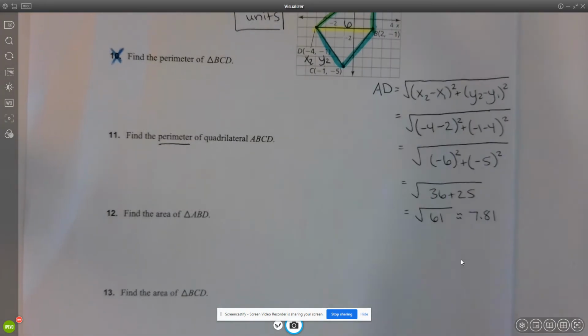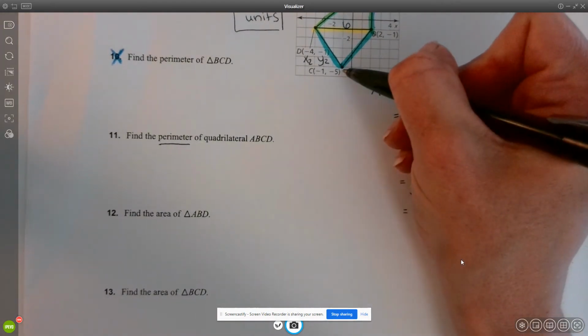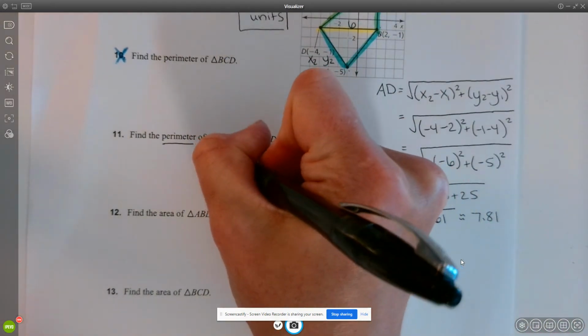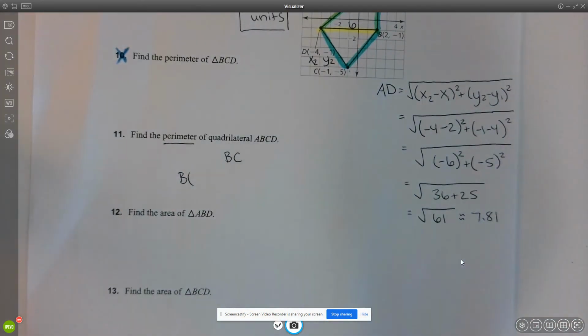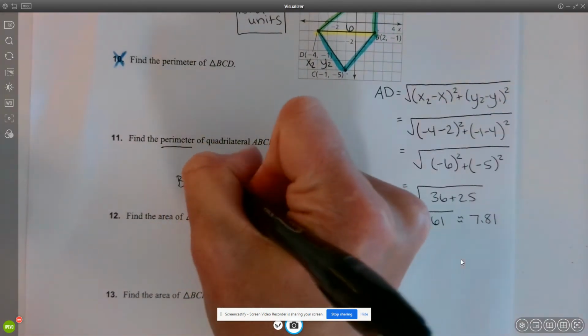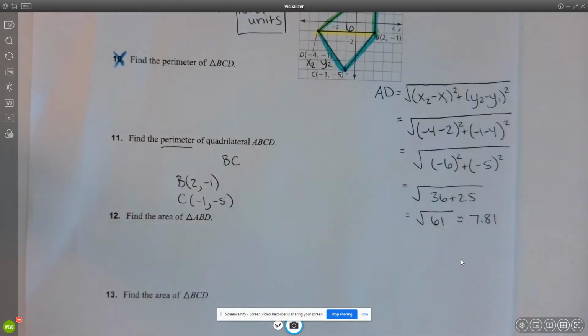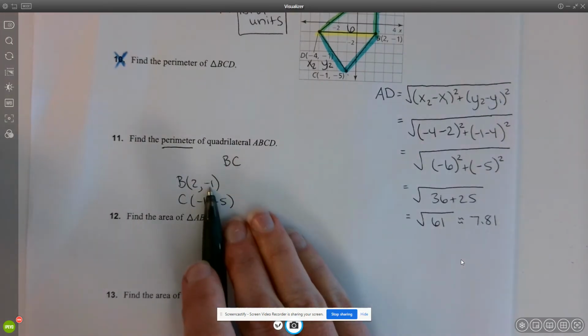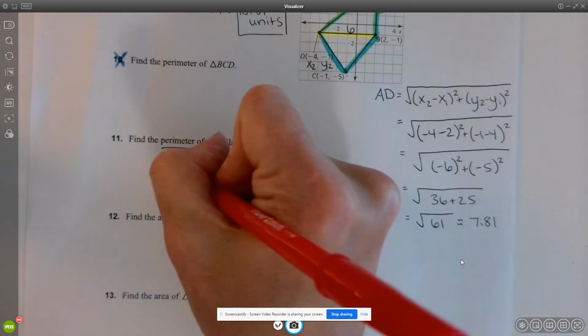Okay. So first I'll find the distance between B and C. So remember, point B is at 2, negative 1, and C is at negative 1, negative 5. So I need to use these x and y coordinates in my formula.